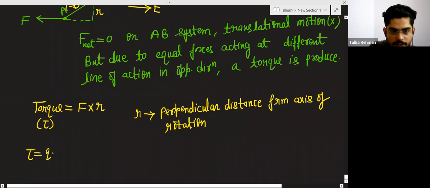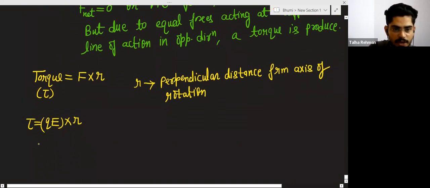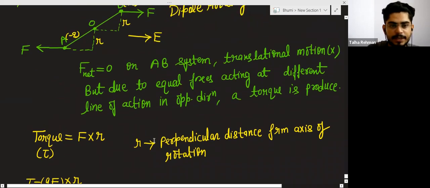Force is QE, and the perpendicular distance is R. So torque is QE into R. Torque is QER.